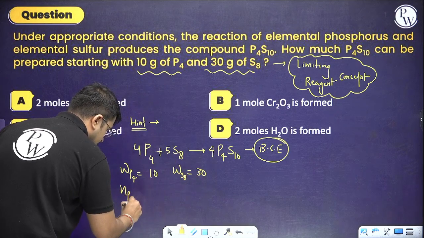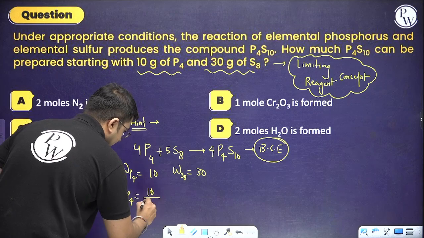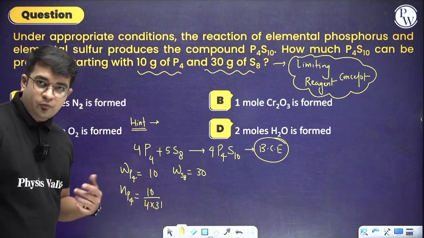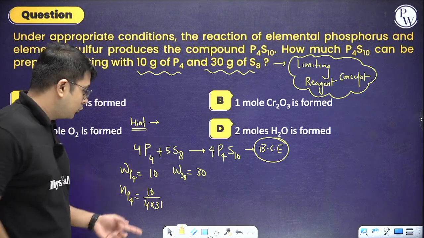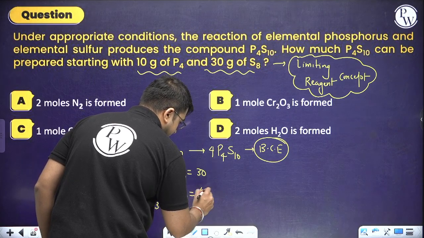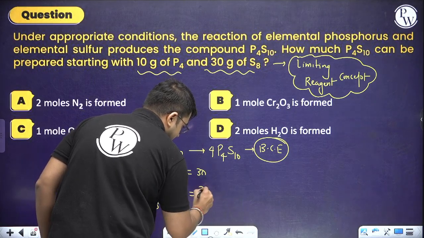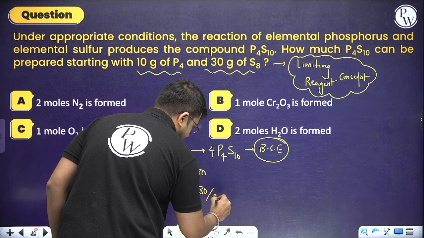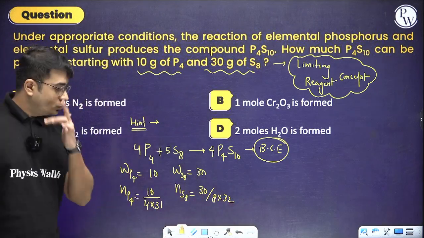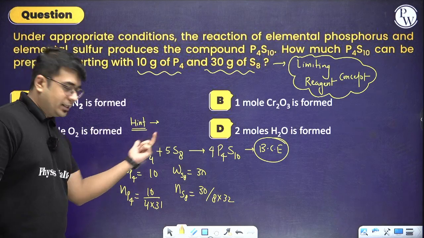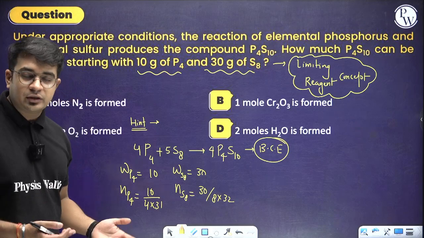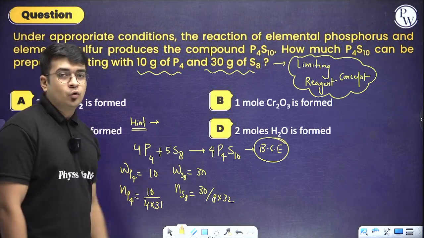Number of moles of P4 are basically 10 divided by 4 multiplied by 31. P4 means phosphorus has mass 31, 31 multiplied by 4 is 124. And number of moles of S8 are basically 30 divided by 8 multiplied by 32. Now you know the stoichiometry. So divide these numbers of moles with their stoichiometry, and whichever gives the lower value will be your limiting reagent, and apply mole analysis.